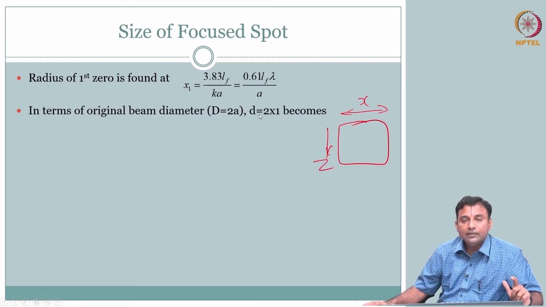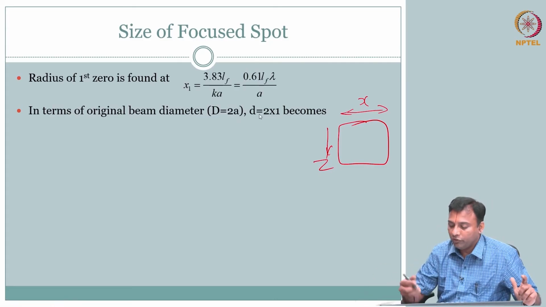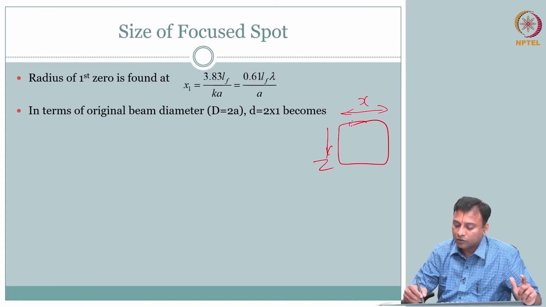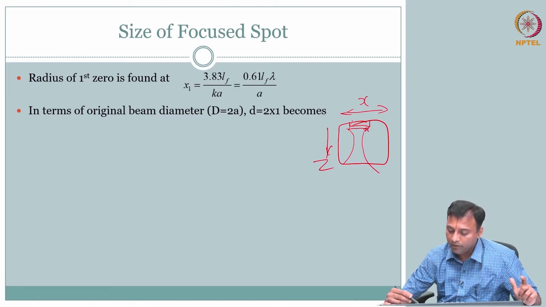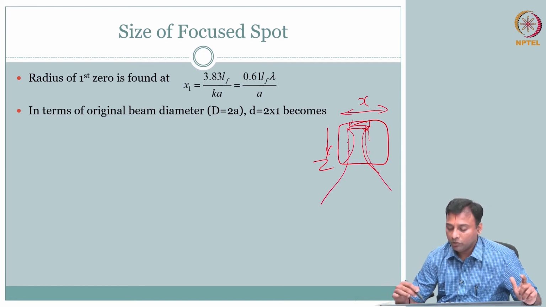So your width, it is trying to focus. This was your transducer, there is a lens, and this lens is trying to, so it is diverging, right? It would have diverged before; it will be parallel like this, and then it will diverge. This is what we had before. We wanted this divergence to be less by having a transducer of larger dimension, but if you do that, you will have more area.